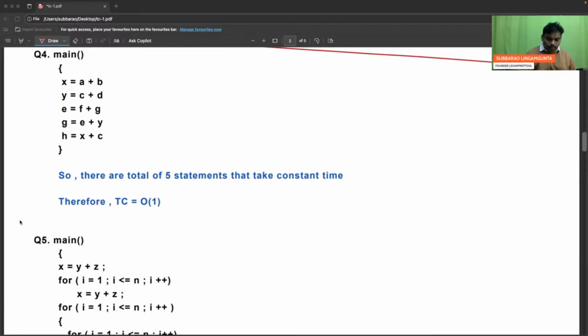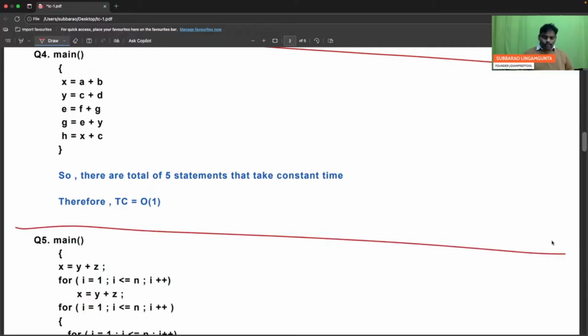Can you see the 4th problem? See the 4th program. I think it is a beauty. If you see this one, 1, 2, 3, 4, 5. The 4th program contains 5 statements.